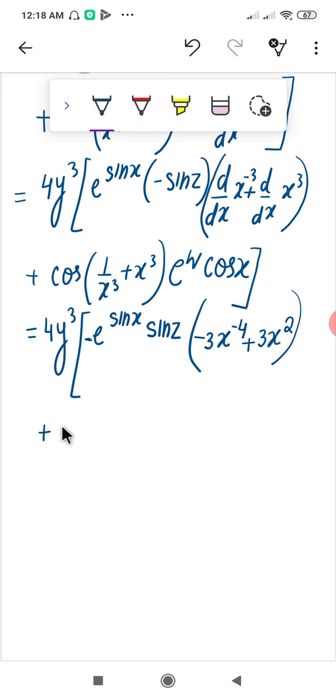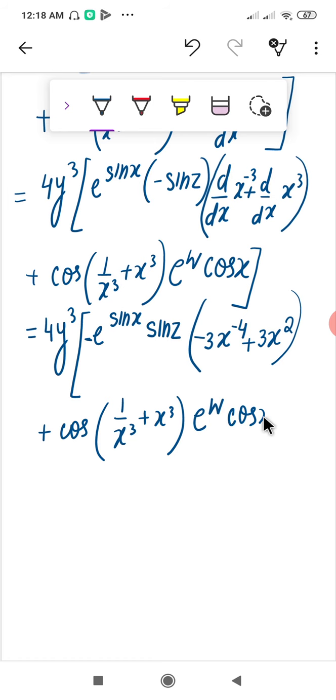Next term, cos 1 upon x cube plus x cube e to the power w cos x. Now we have solved all the terms, and now we are ready to substitute the y, z and w.